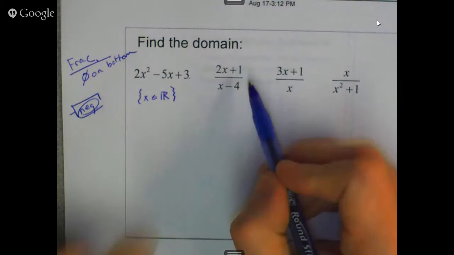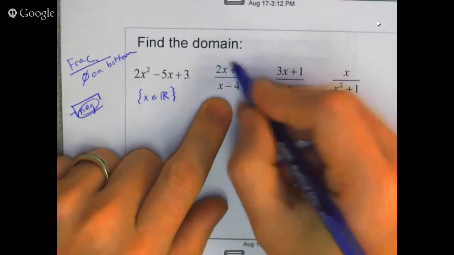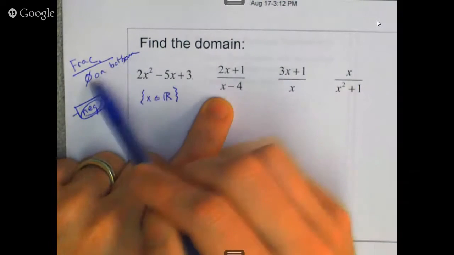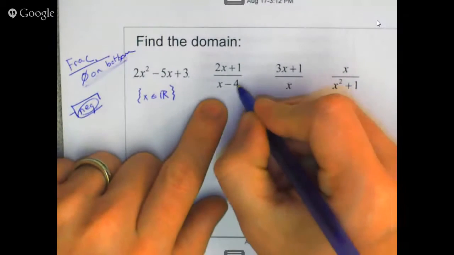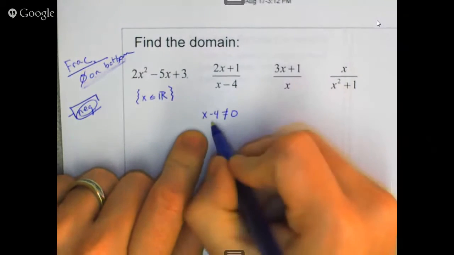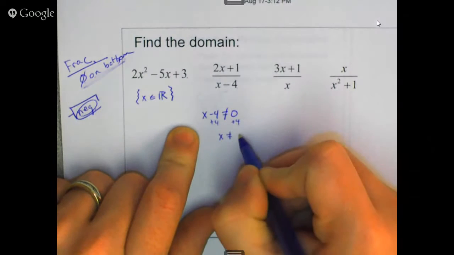Okay, so here we've got 2x plus 1 divided by x minus 4. Now we've got a fraction here, so our red flag over here of 0 on the bottom, I can't have that, should be going off. So this number down here, x minus 4, cannot be 0. Well, what makes that 0? Well, if I add 4, x cannot be 4.